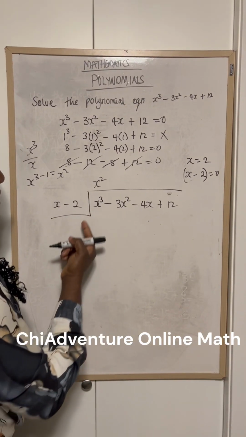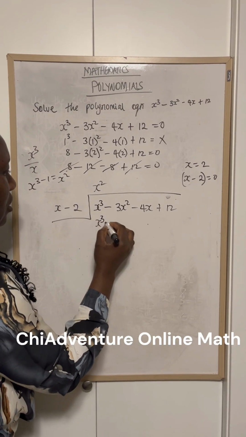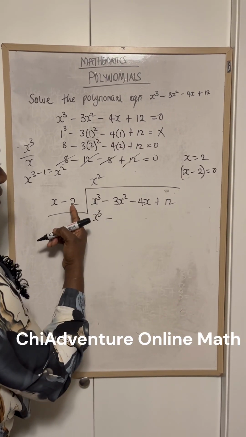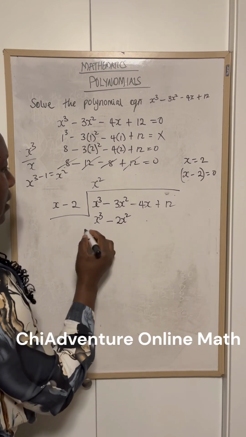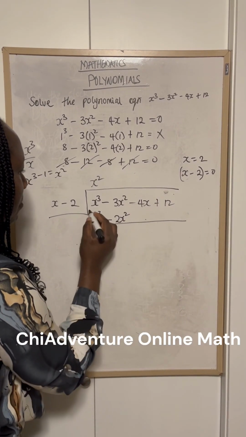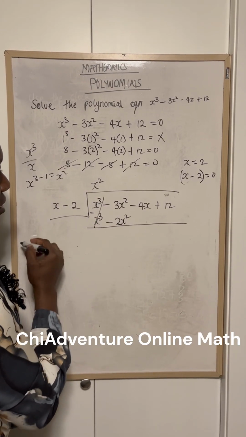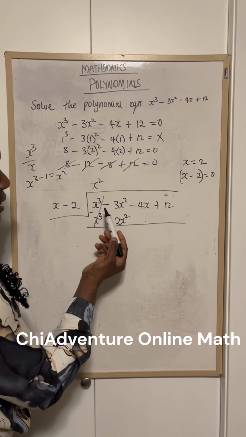So now we'll multiply. X squared times x will give us what? X cubed. Then you put this minus down. X squared times 2 will give us 2x squared. So now we have to subtract. X cubed minus x cubed will cancel out, and we have to be sensitive of the negative signs.